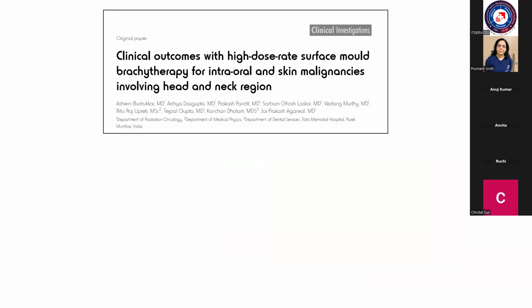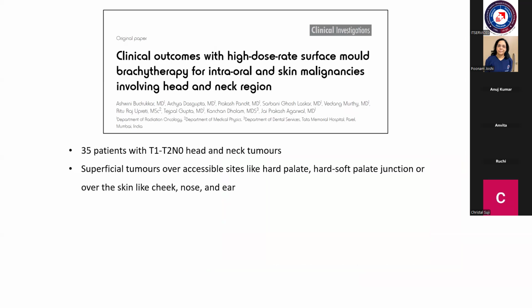So from our institute, we have also published clinical outcomes with high dose rate surface mold brachytherapy for intraoral and skin malignancies. So 35 patients with T1 to T2 N0 head and neck tumors were studied. Superficial tumors over sites like hard palate, hard soft palate junction, or over the skin like cheek, nose, and ear were taken.